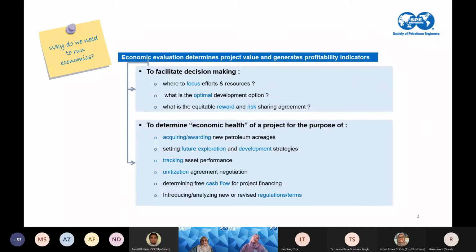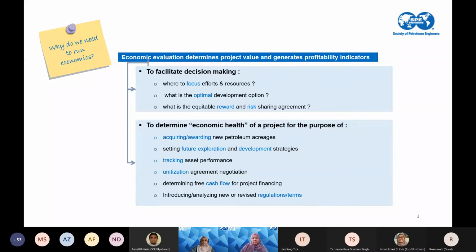So why do we bother with economic evaluation, right? Now, if resources were not constrained, if we had an unlimited amount of money, would you still do economics? The thing is, every corporation has shareholders, right? So for every dollar spent, you need to be accountable for the return that each dollar brings.